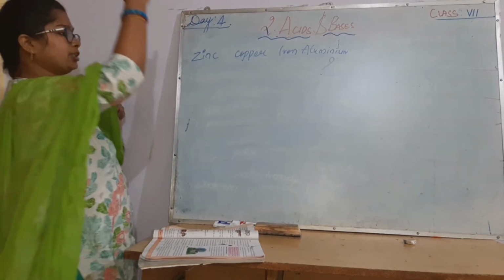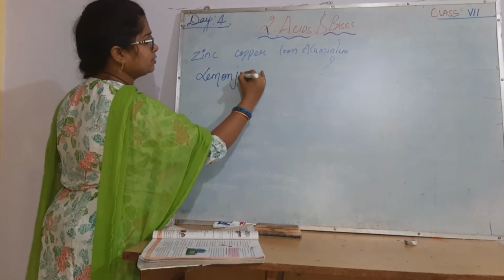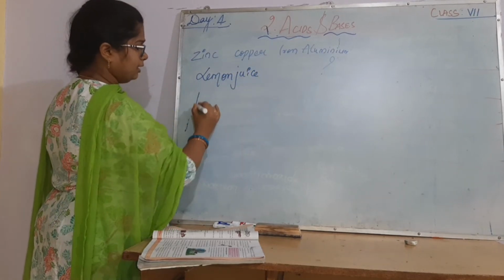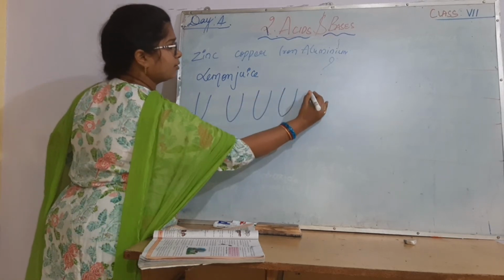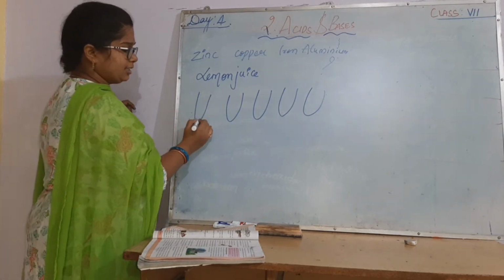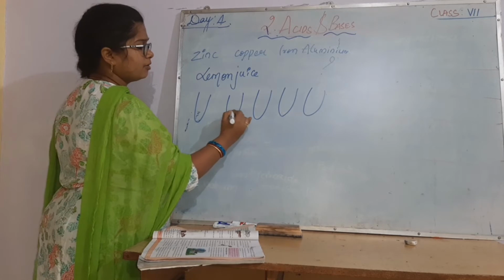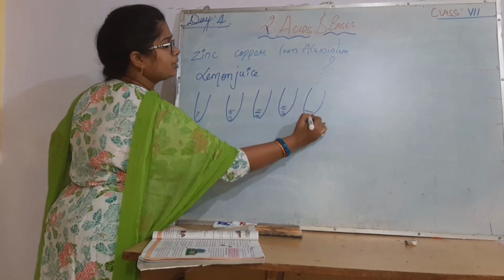So take a natural acid, say lemon juice. In 6 test tubes you take, and you add a little bit of zinc crystals, lemon juice in all.